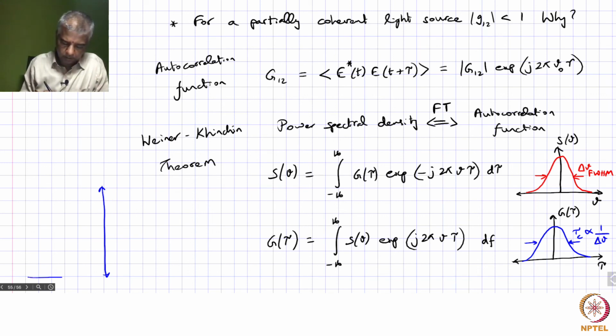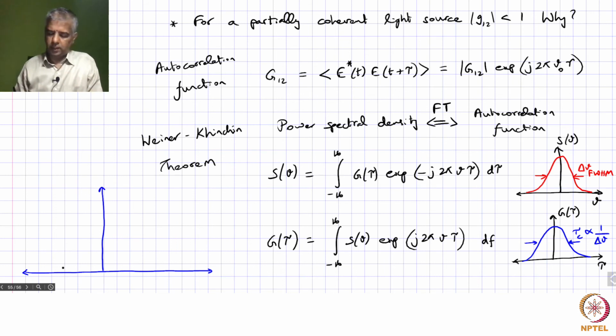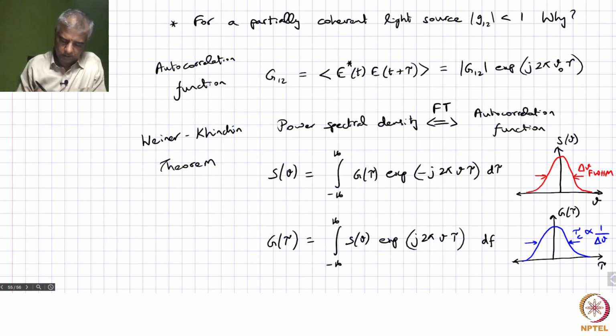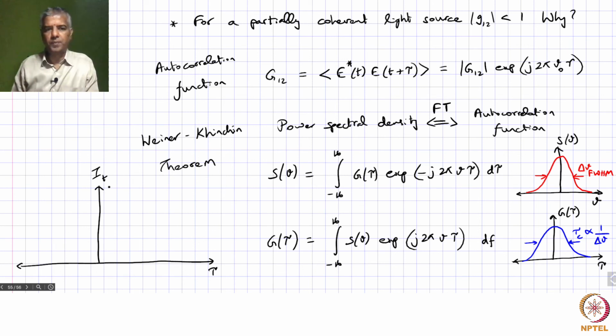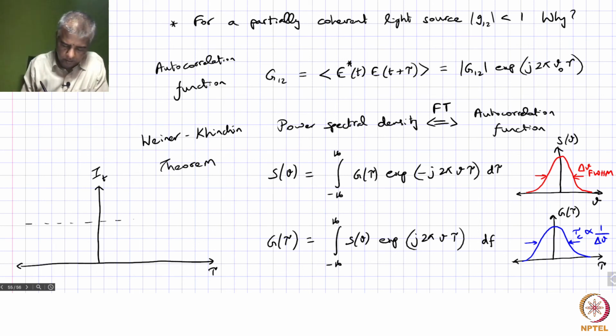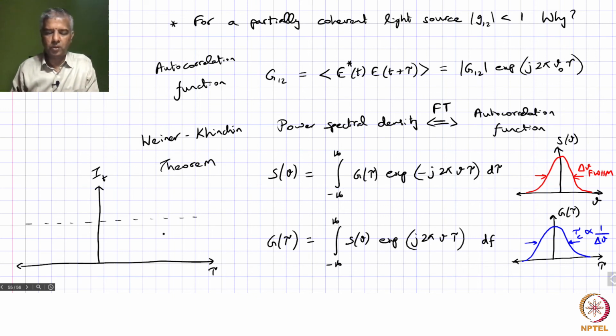Let us say this is the total intensity that I am measuring. Let us say this is tau, and you are looking at I of t, the total power, and we know that the average, if I1 equal to I2 equal to I0, is going to correspond to 2 times I0, and the maximum will correspond to 4 times I0.